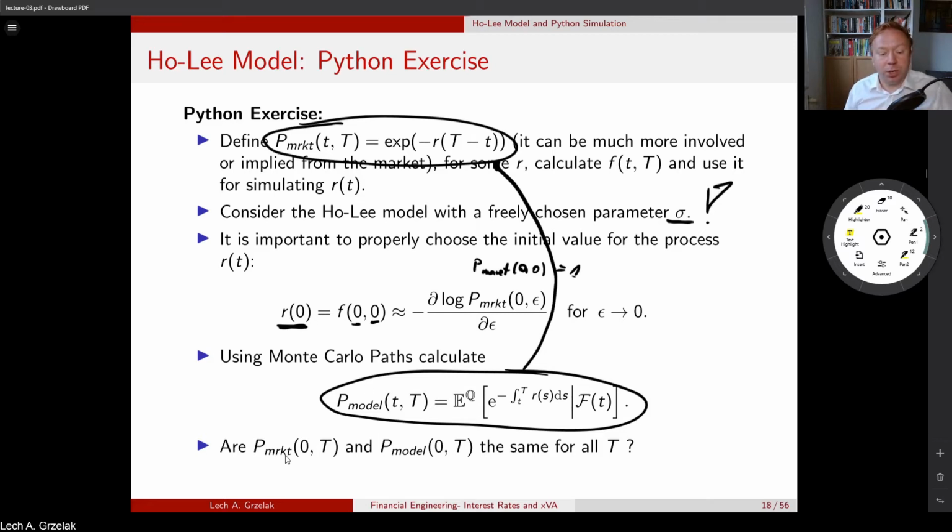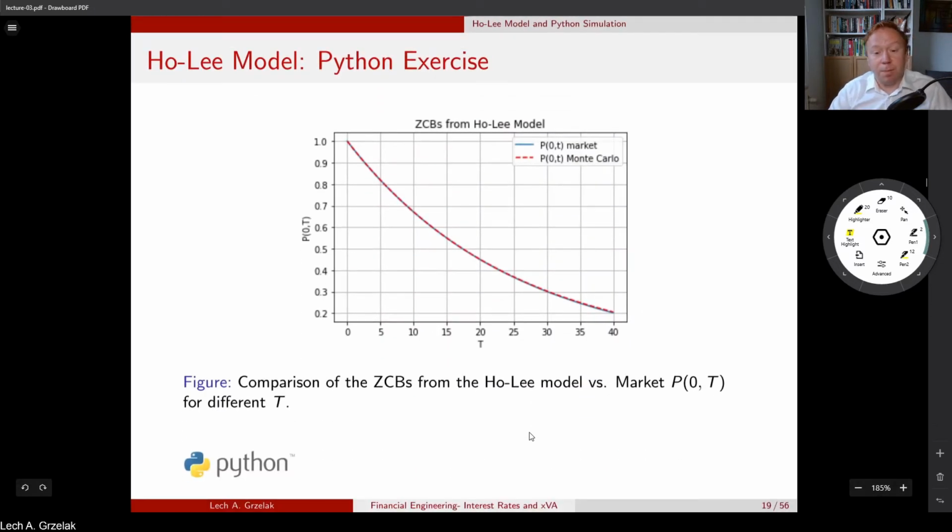So the objective is to take the input market data, the yield curve, calculate the yield curve from the model, and see how it looks and how it relates to the one from the market. This is a Python exercise. I have already put the results here. We have the market yield curve and the yield curve from Monte Carlo simulation.